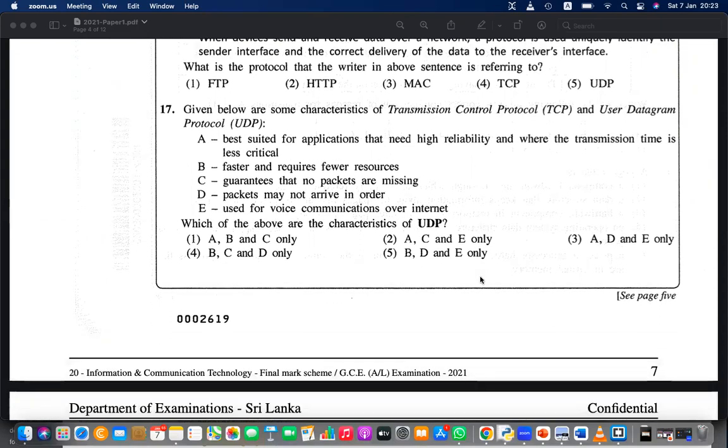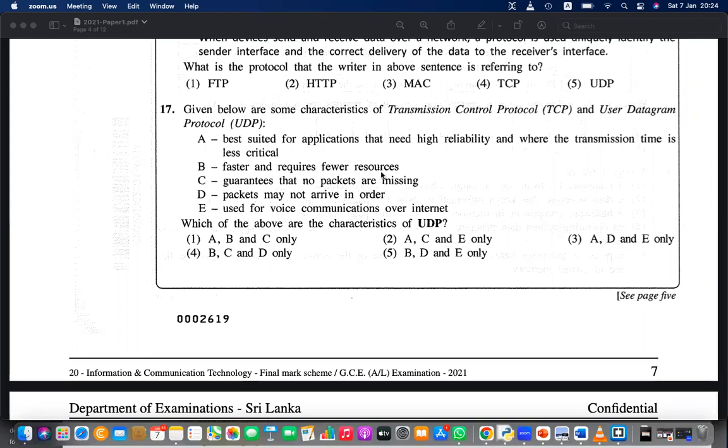Given below are some characteristics of transmission control protocol and the UDP. Again, we discussed this previously, right? Best suited for applications that need high reliability and where the transmission time is less critical. High reliability is basically TCP, the connection oriented reliable one.